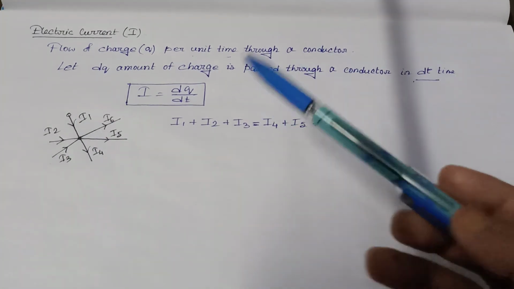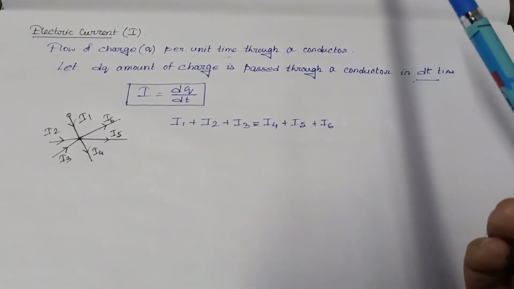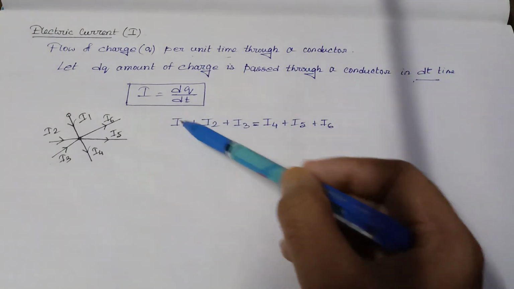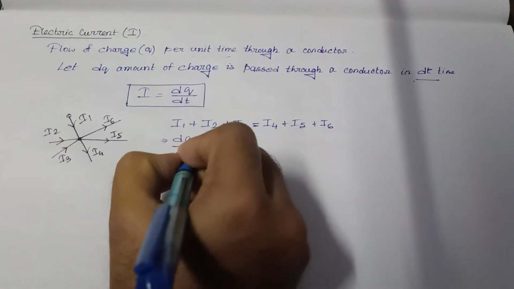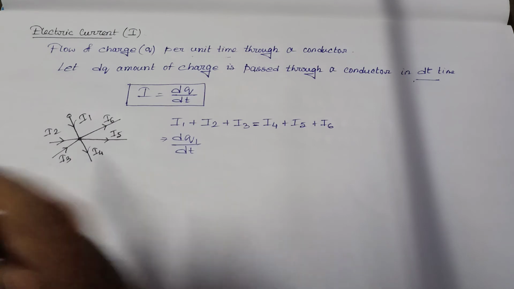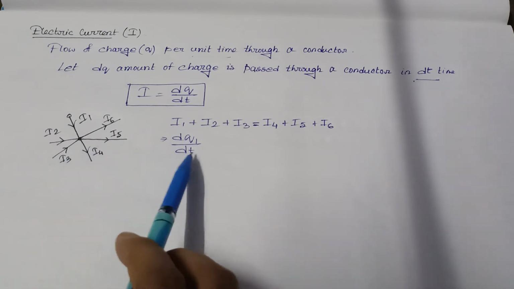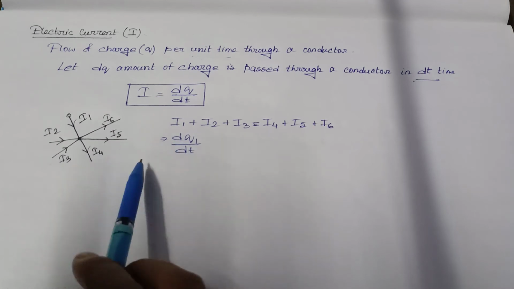Now see, we know the relation between current and electric charge, that is I equals dq by dt. So in place of I1, can I write dq1 by dt? Say dq1 amount of charge is passed through a conductor in dt time, so the charge passed per unit time will be dq1 by dt.